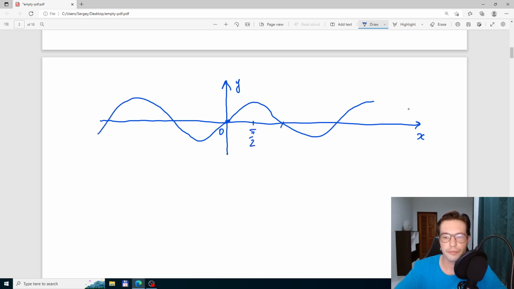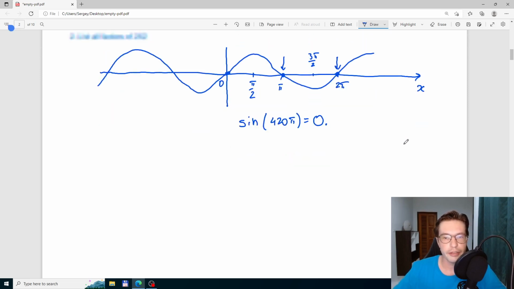Pi over 2, pi, 3 pi over 2, and 2 pi. Now we can see that every time x is a multiple of pi, sine is 0. That means sine of 420 pi equals 0.